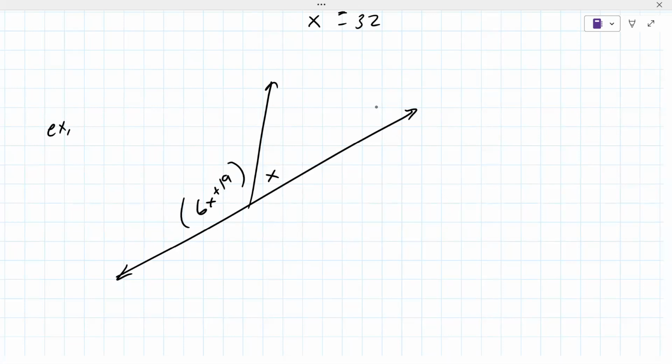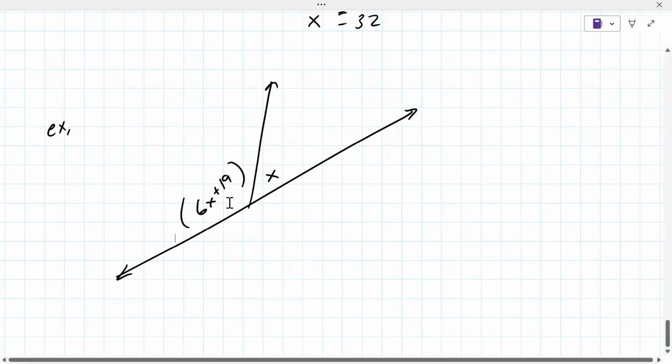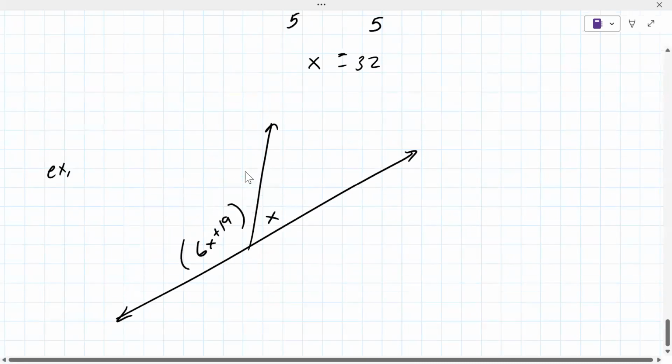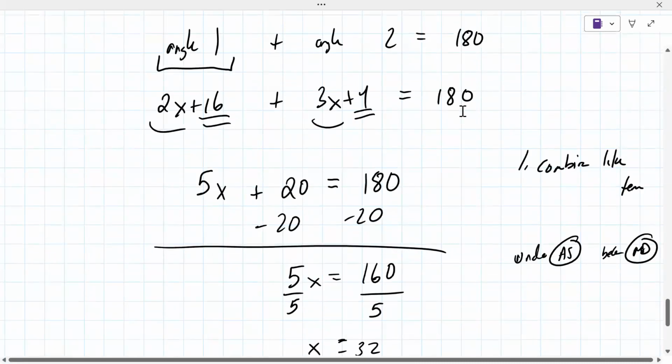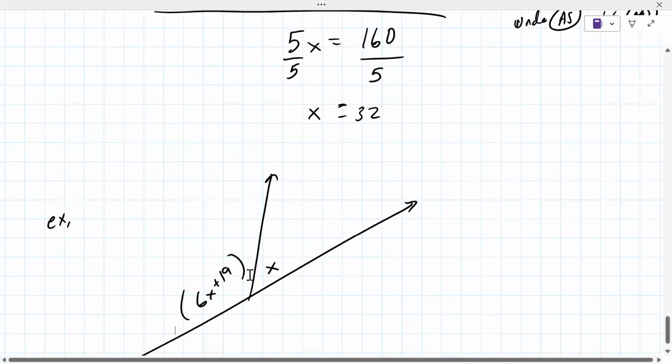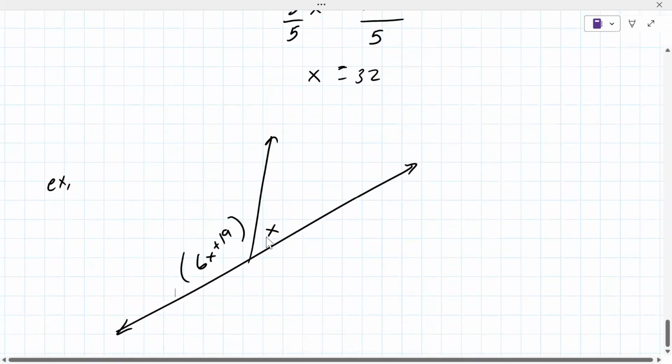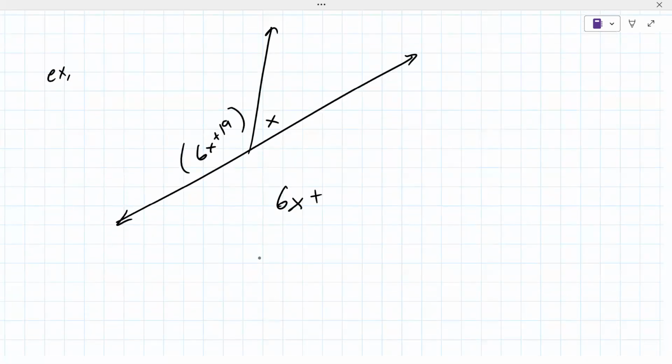Yeah, go for it. Do you have to give me one more on the other side too? No, these form a linear pair. So what do these two add up to if they're a linear pair? 180. Okay, so the 6x plus 19 plus the x. Go ahead and try solving it from here, please.